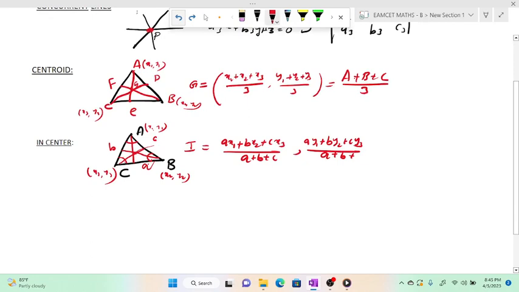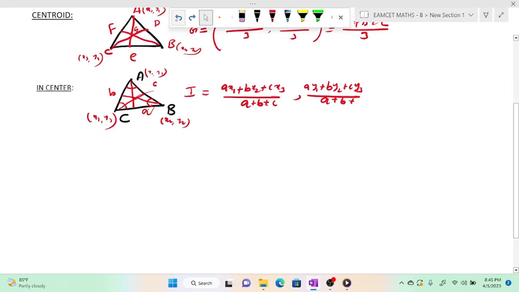So here I am writing the vertices. Suppose one vertex O is (0, 0), second vertex A is (A, 0), third vertex B is (0, B).